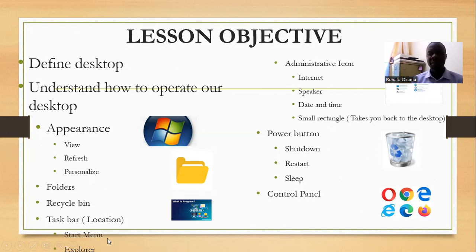On the taskbar, we shall be able to see things like the start menu, the explorer, and even other administrative icons like the internet icon, the speaker, date and time. We also have a very small rectangle. Sometimes people don't know the purpose of the same, so we shall be able to understand it.